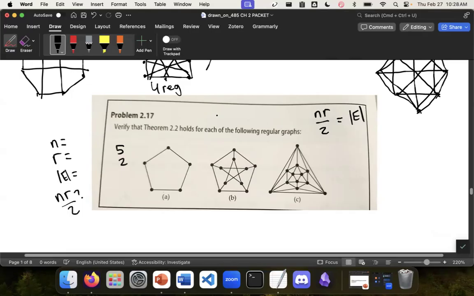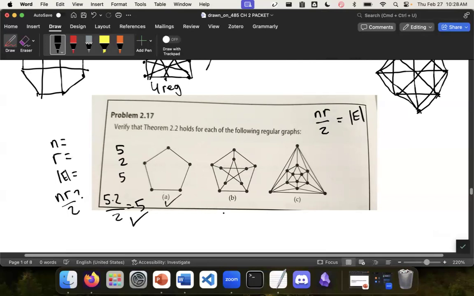And how many edges do we have? 5. 1, 2, 3, 4, 5. Okay, so 5 times 2 is 10, over 2 is 5. The theorem holds. So we've seen that nR over 2 is equal to the number of edges for A. So A is good.